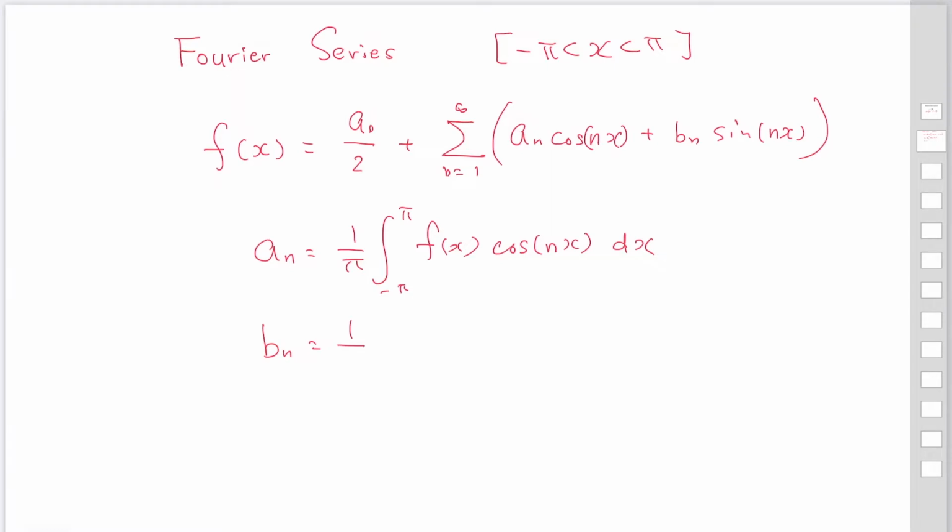It's 1 over pi, integral from minus pi to pi of f(x) sine nx dx. So this is the Fourier series expansion. We use this Fourier series to expand some functions.